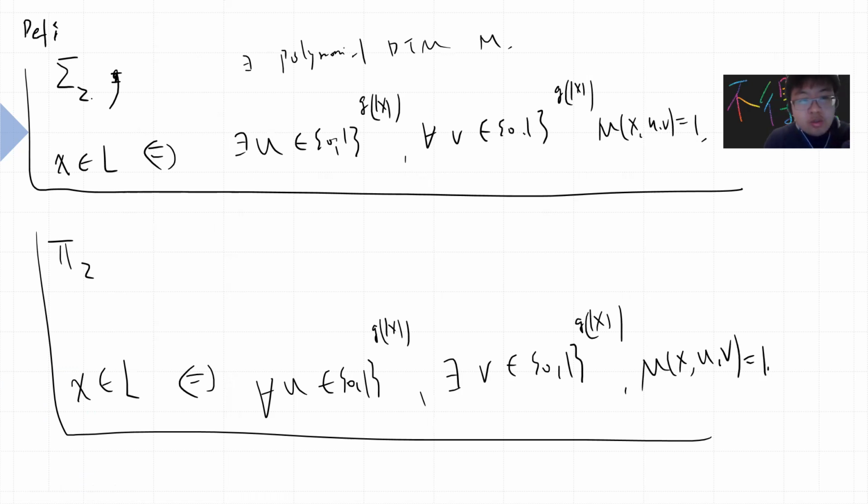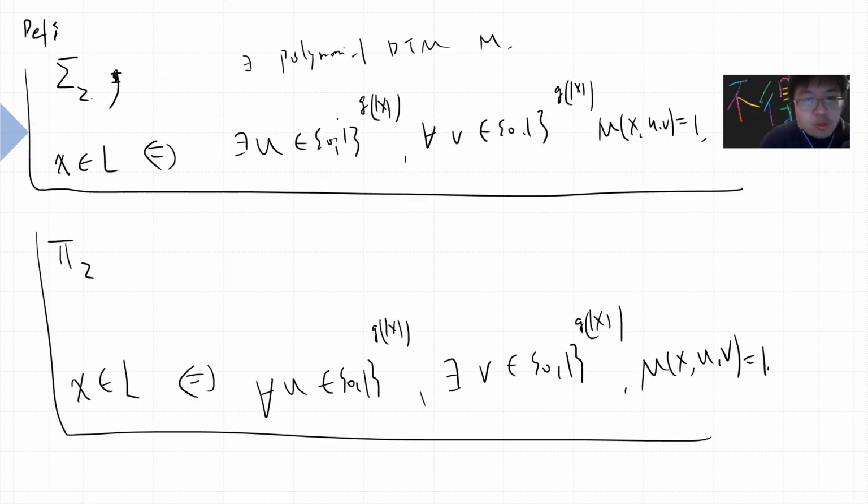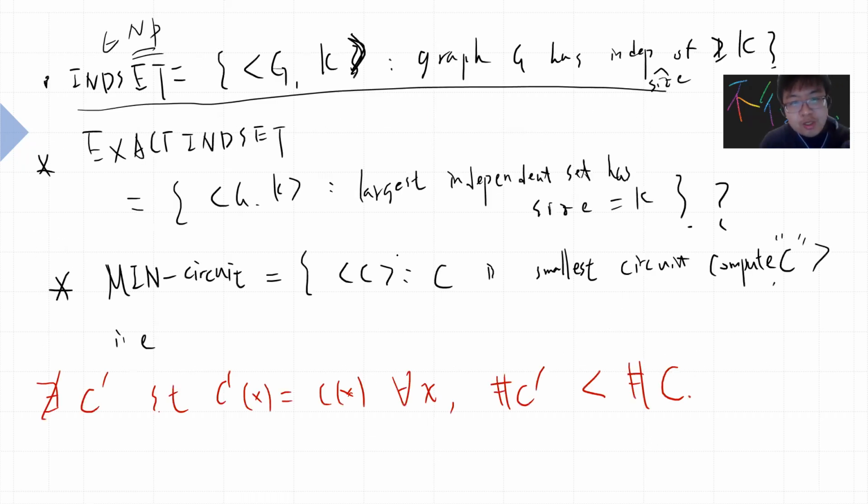So what the hell is going on, right? Who cares about these two complexity classes? One can easily see that the previously discussed exact independent set, EXACT-IND-SET, is in sigma 2. Why? Remember, it means that the largest independent set size is exactly k.